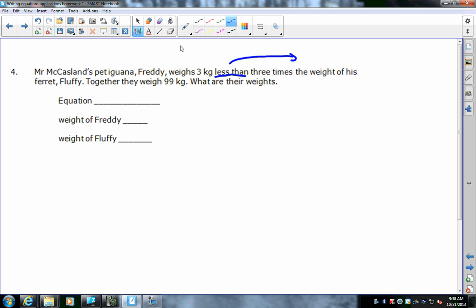All right, here we go. It says that Freddie the iguana weighs 3 kilograms less than 3 times the weight of his ferret. I don't know how much Fluffy weighs, so x is going to be Fluffy the ferret. Now, Freddie: 3 kilograms less than 3 times the weight of Fluffy.